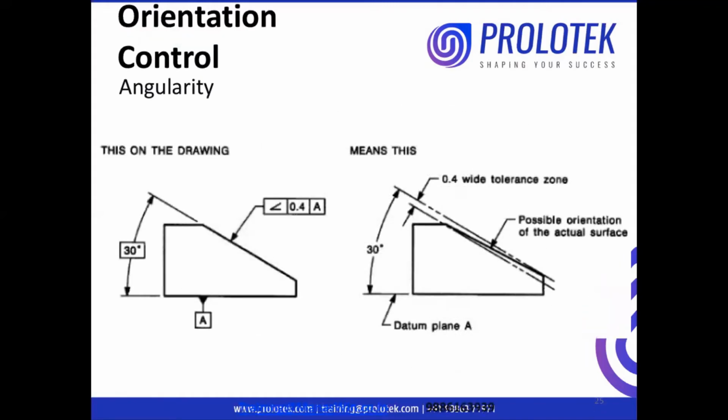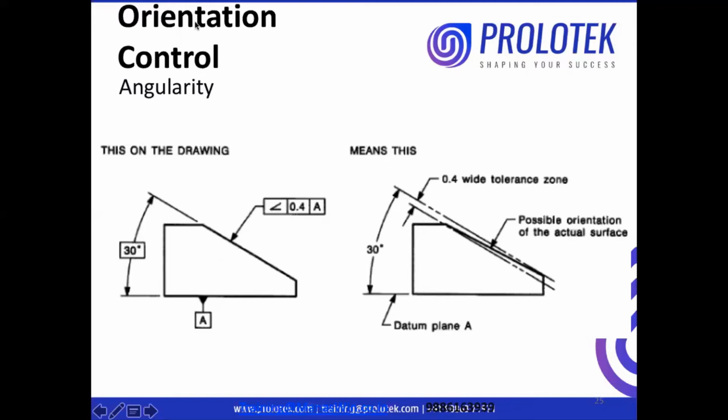Now the second category is related features. Under related features, the first subcategory is orientation control. So this orientation control tells that whenever you have a relationship between two surfaces as an angle, then you can use orientation control. So in this example, this surface and this surface are related and the relationship is an angle.